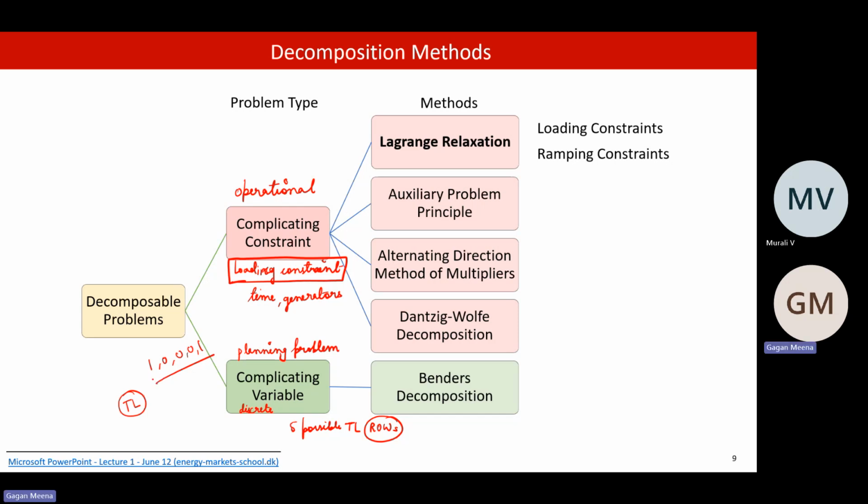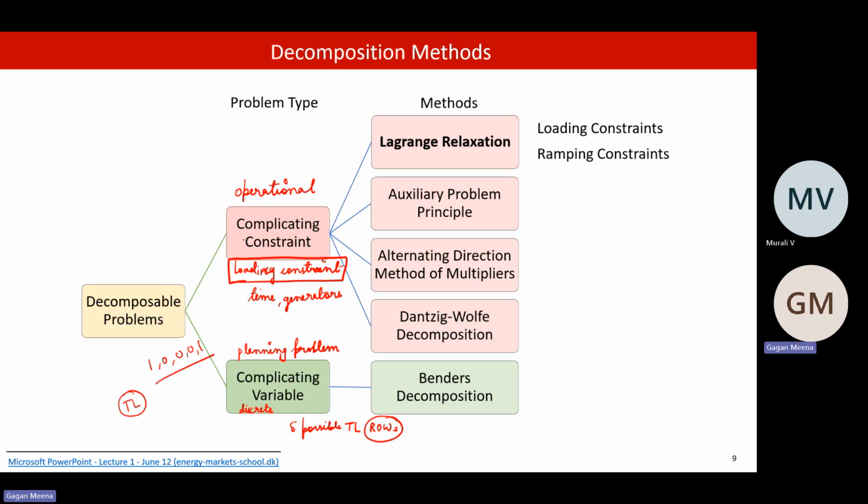If it is 1, then the transmission line is to be connected, and all the constraints need to be satisfied. If it is not there, then those constraints are not required. So this variable, whether a transmission line should be constructed or not, complicates the problem. It links the problem. It couples the problem over time.